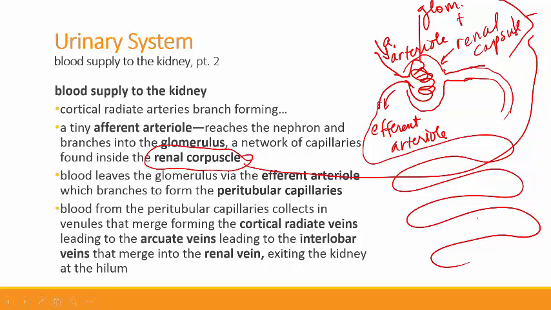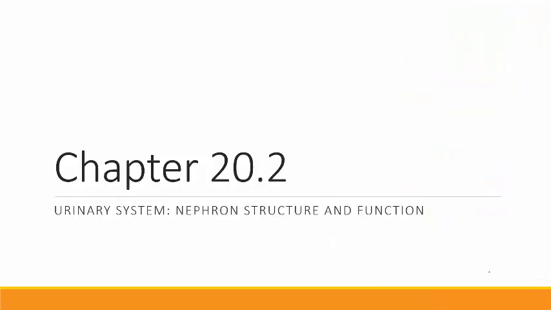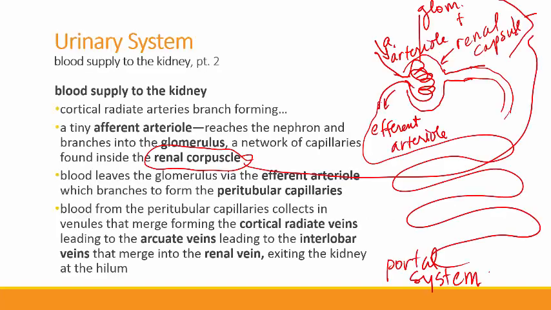So we have two capillary networks right in a row before the blood goes back to the heart. And we talk about this as a portal system. We'll see that term later on. We've talked about a portal system once before when we talked about the hepatic portal system.